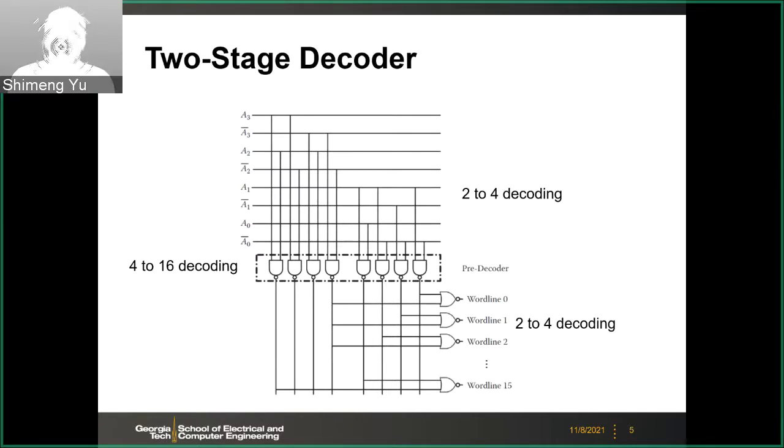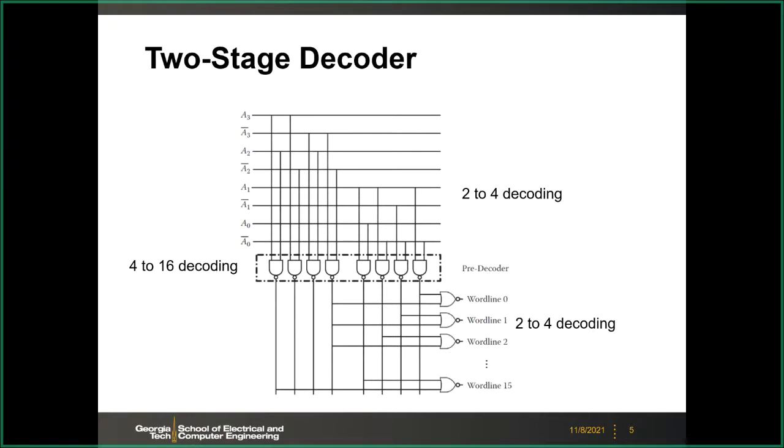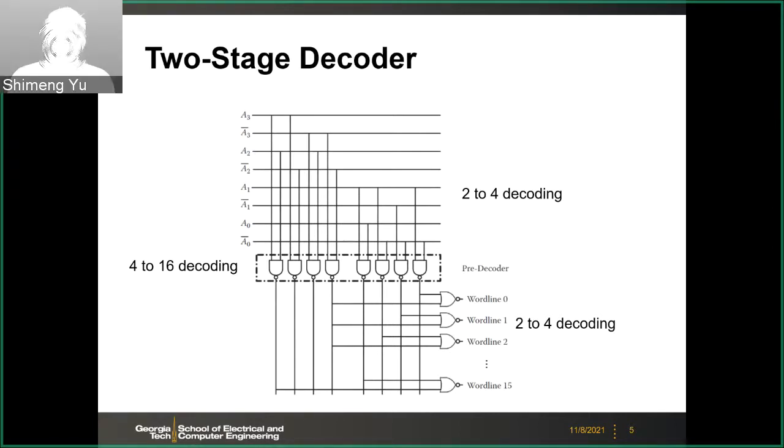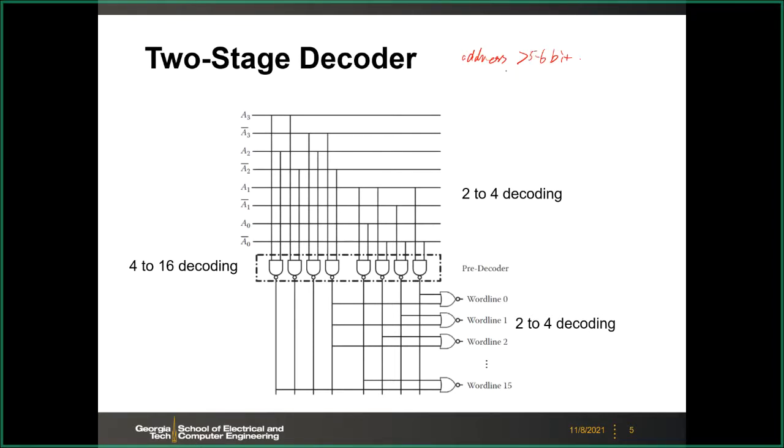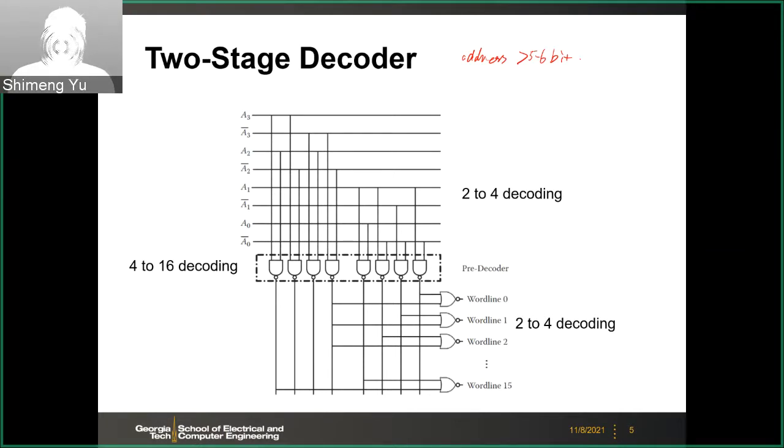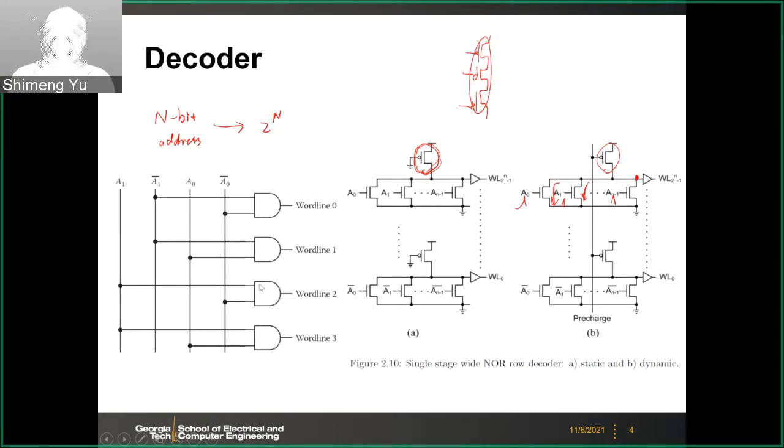Typically, you may have to do a 2-stage decoder when your address width is large. How large? Typically, if your address is larger than 6 bits, you may need to divide the decoding into 2 stages. The reason is that if you do 5 to 6 bits with single-stage decoding like this, of course this is an example of 2 bits, it's very simple, so the fan-in is 2 bits.